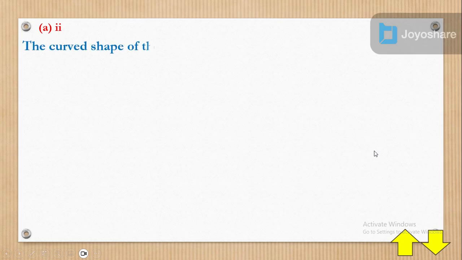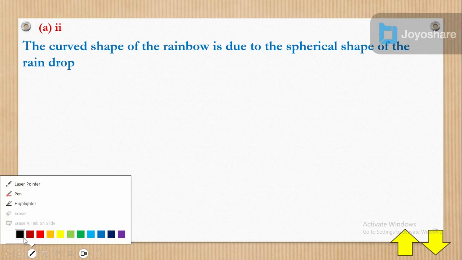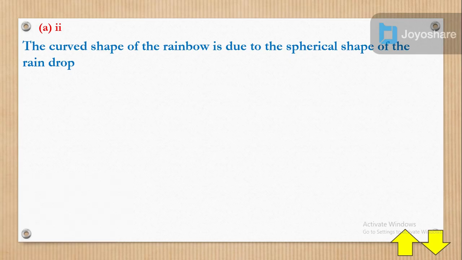So to begin with, we shall say that the curved shape of the rainbow is due to the spherical shape of the raindrop. Now before we proceed, you all know that a water drop may appear like this, depending. So this is more like a sphere.